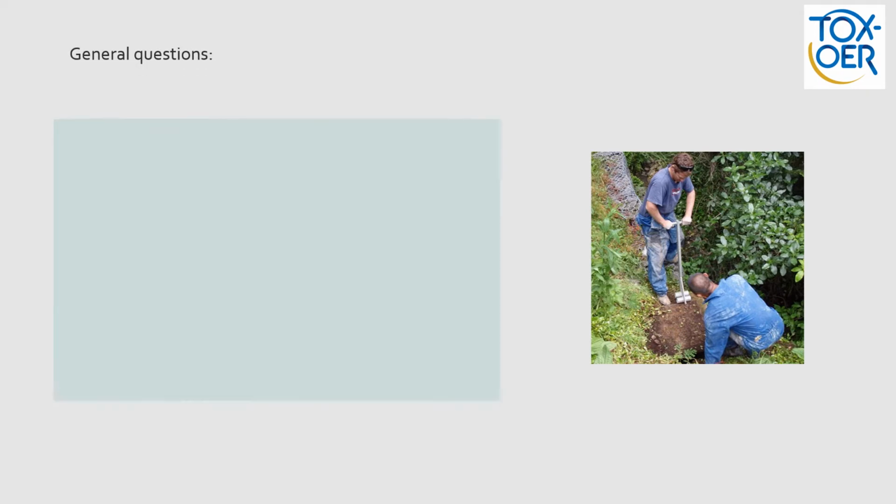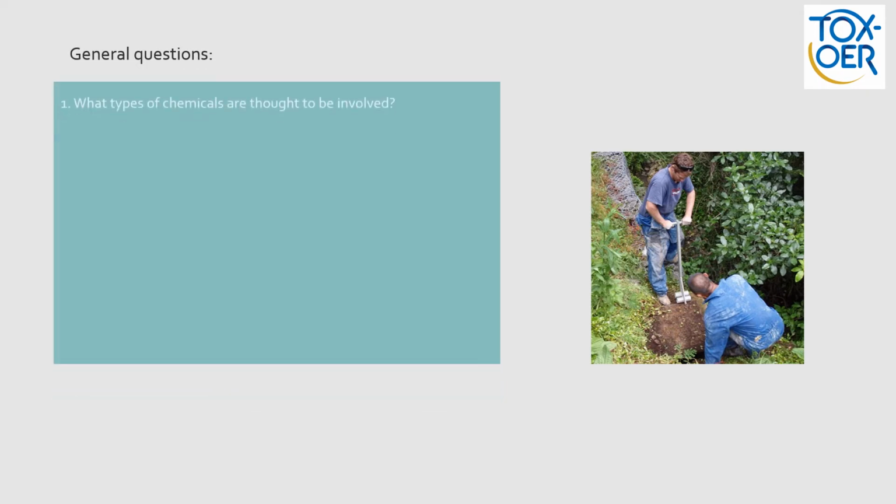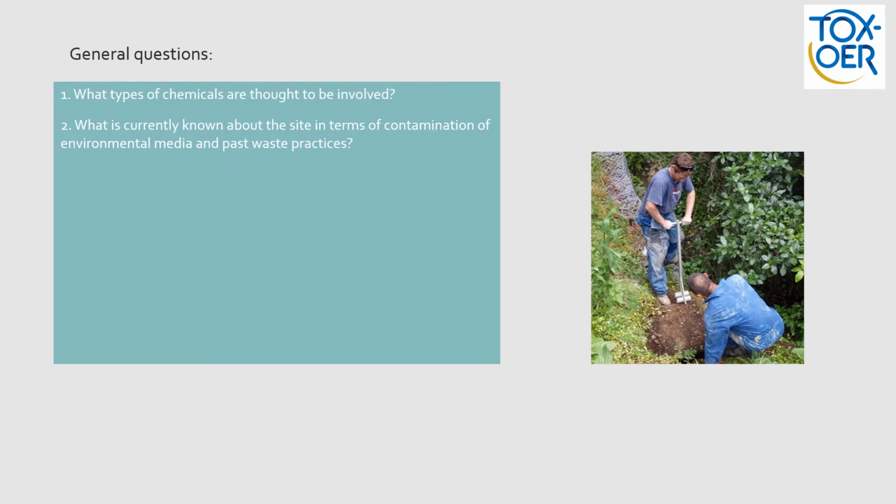General questions. What types of chemicals are thought to be involved? What is currently known about the site in terms of contamination of environmental media and past waste practices? Is there a concern about past or future pesticide pollution?